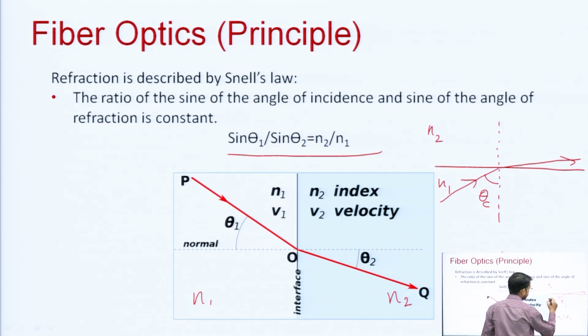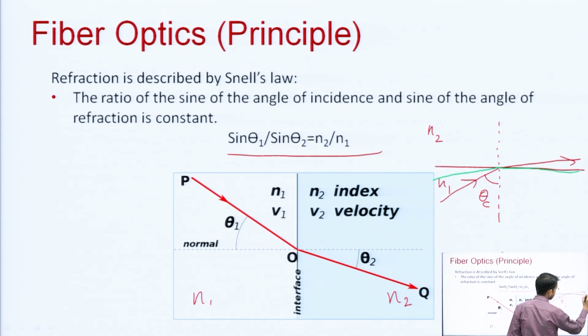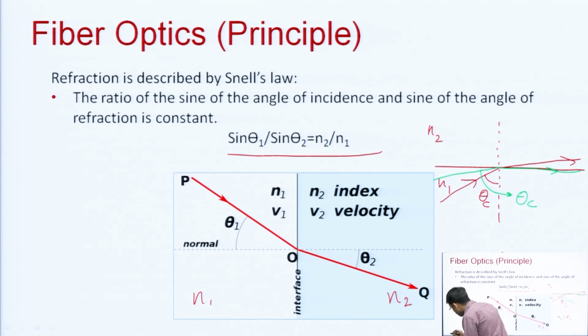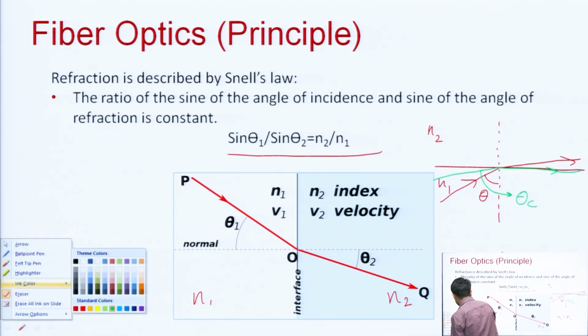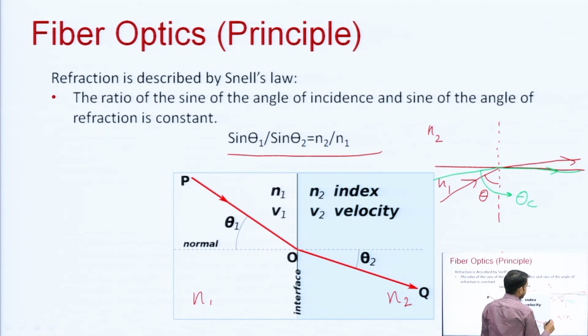There comes an angle theta c, for which the light ray starts travelling along this axis. So, this is theta c. This is called the critical angle.